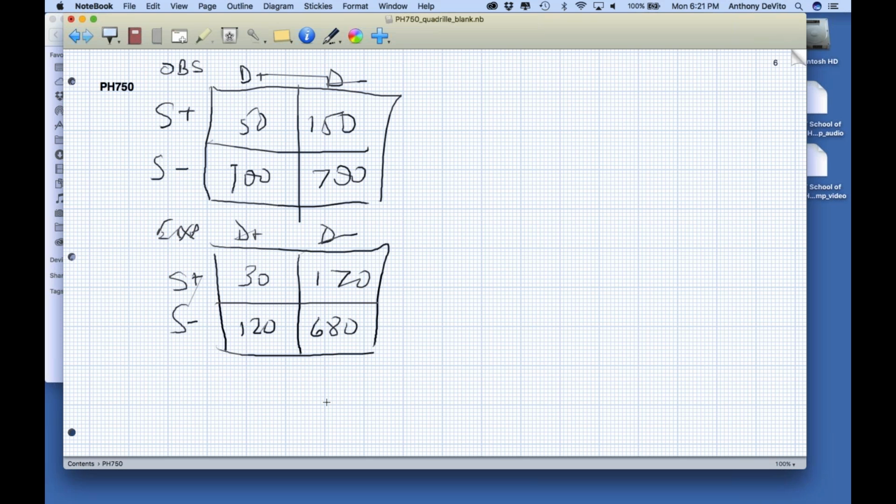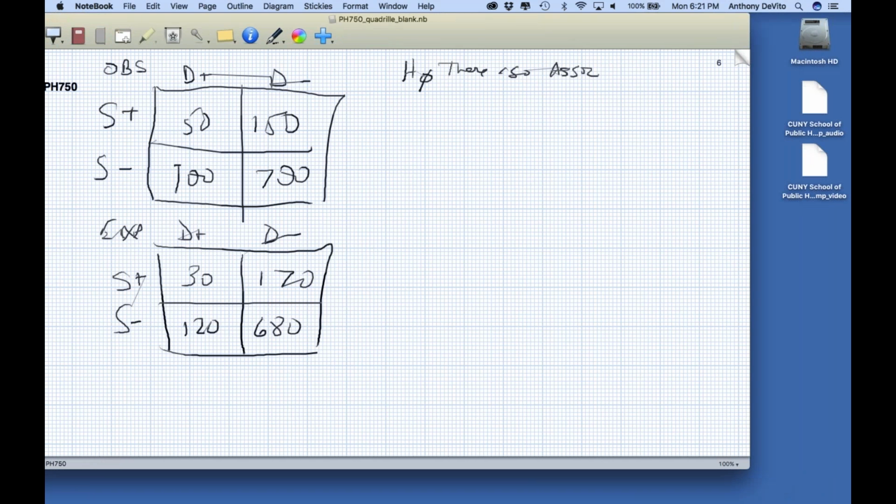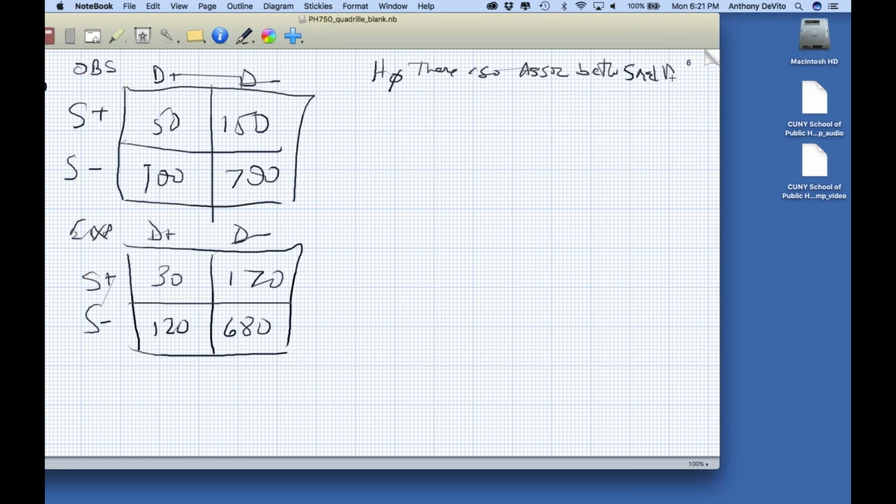Now I want to see if there's an association between smoking and lung disease. So I'm going to write a null and alternative hypothesis. My null hypothesis, I'm not going to write as a formula, I'm going to write as a statement, is that there is no association between smoking and lung disease.